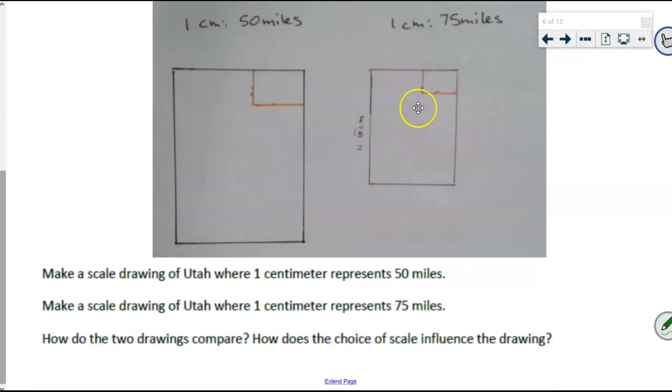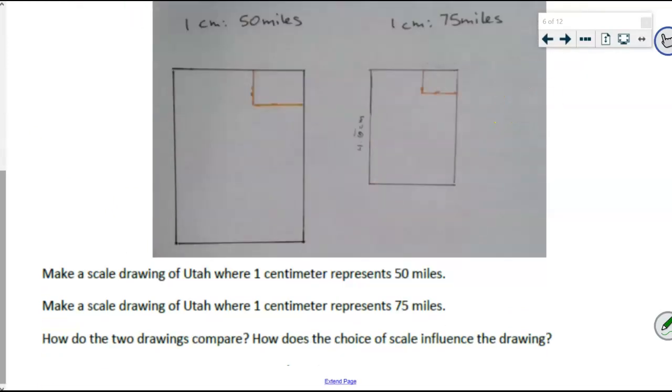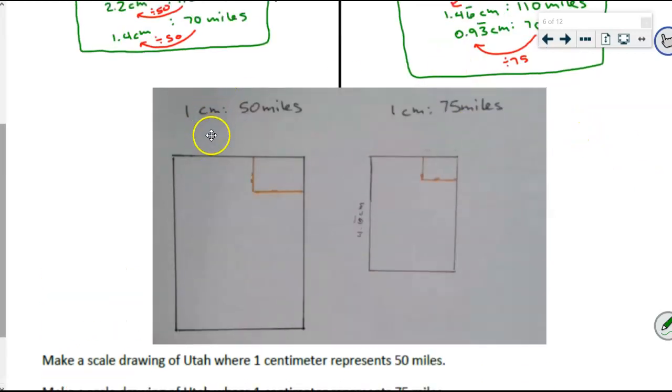How do these two drawings compare? How does that choice of scale influence the drawing? When I see this one, 1 centimeter is 50 miles, ended up being bigger than 1 centimeter is 75 miles. Why is that happening? Grant, get us started in that, please.